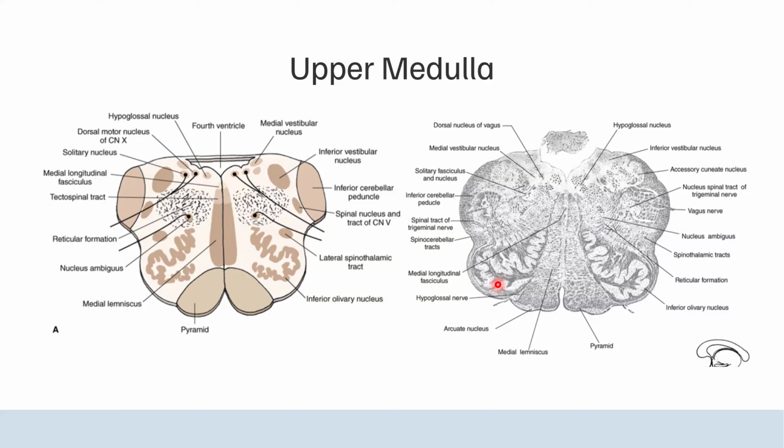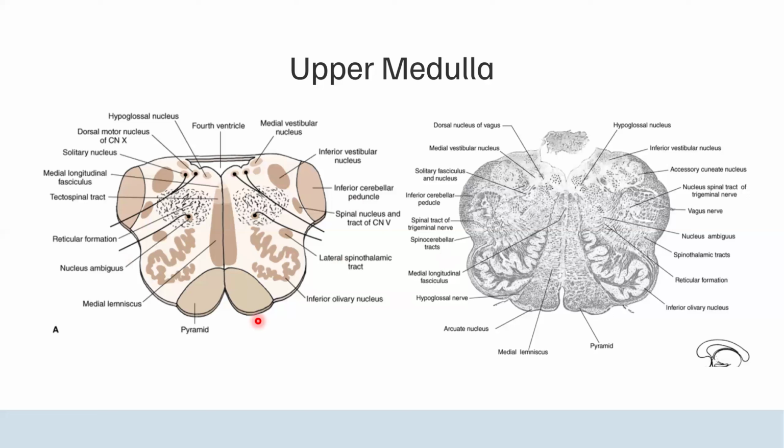First of all, let's orient ourselves. We have this fourth ventricle here, so I know that I'm either in the medulla or in the pons, but we do not have those huge middle cerebellar peduncles on either side, right? And the pons kind of extends downwards a bit.